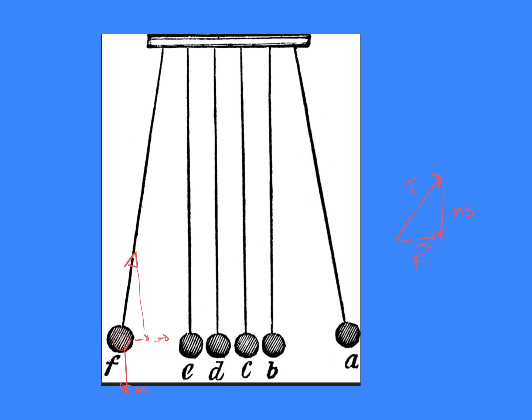So when the ball is moving in this direction, it will make a force on the ball E due to F. So there is a force on E due to F to the right. And what will happen to the ball F? The ball F will receive a force going to the left. This is the reaction. So the ball F will go back because it will receive a force going in this direction.